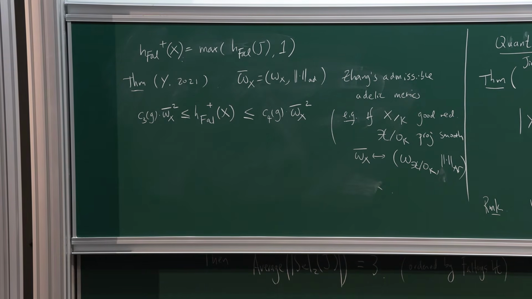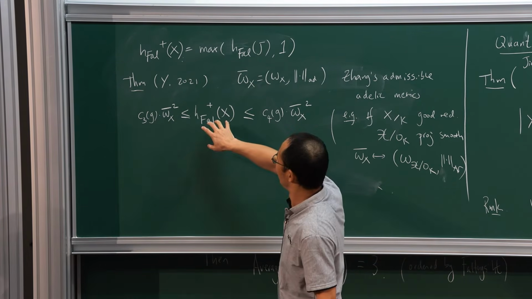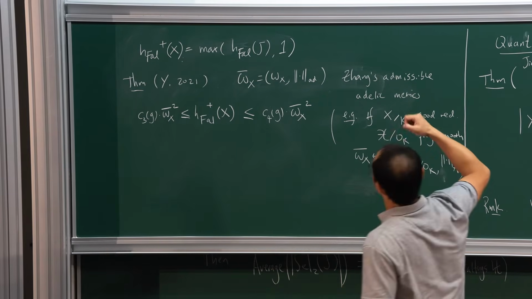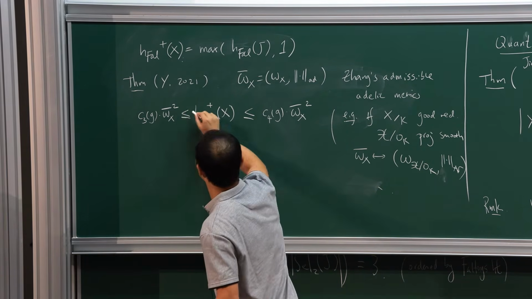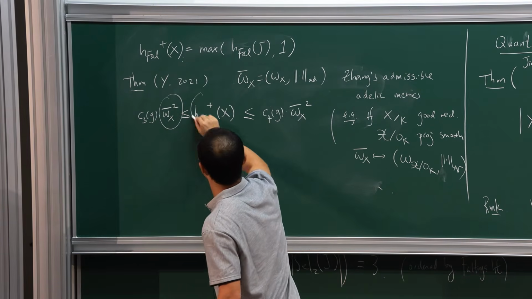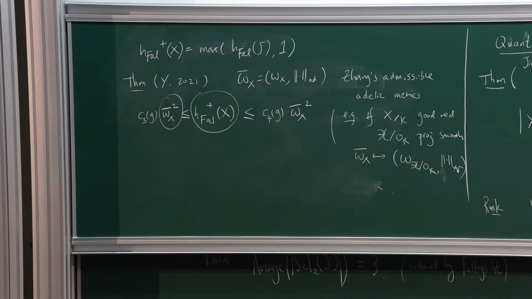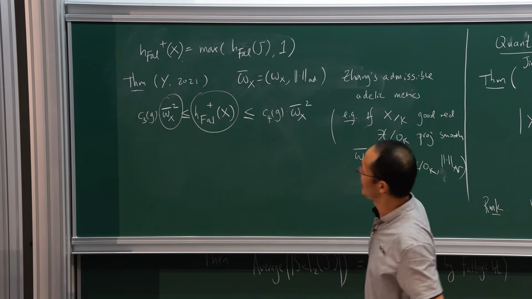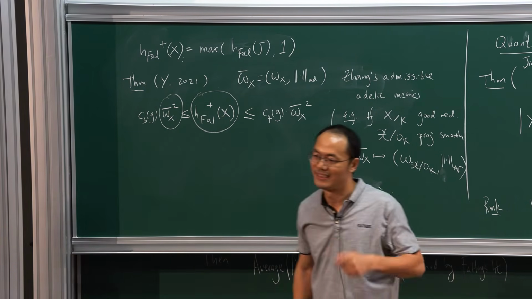This is also important. In the uniform Bogomolov, we can switch these two constants, either omega square or the positive Faltings height. And in many purposes, this is a better invariant than this one.